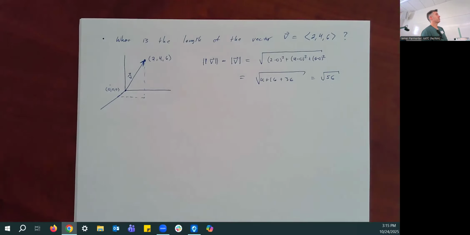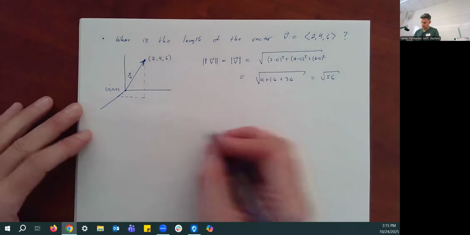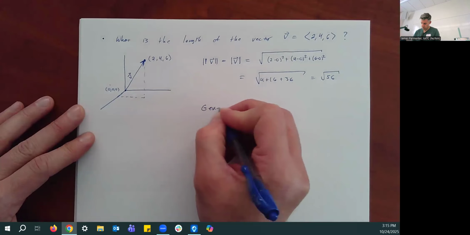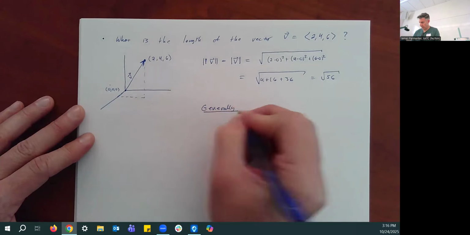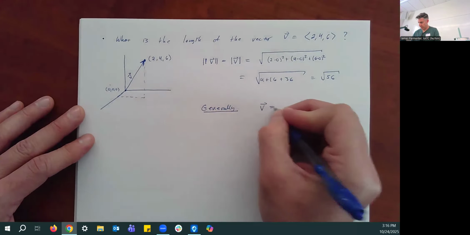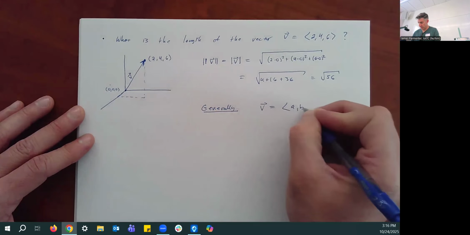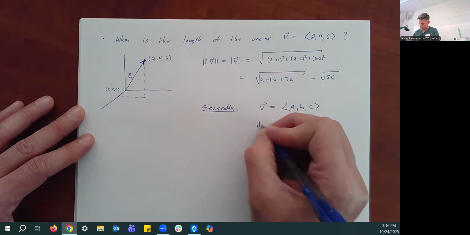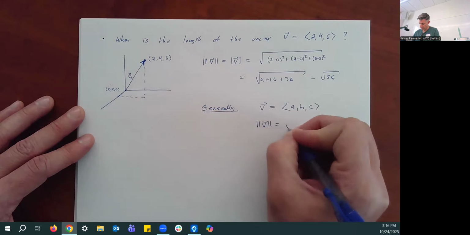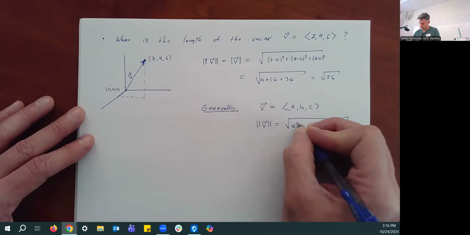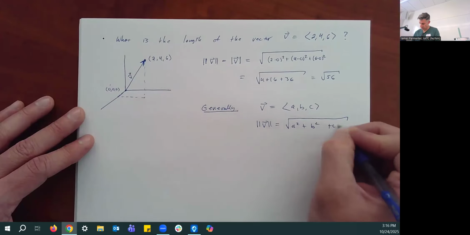Now, really, we didn't need the zeros here, because any vector that terminates at the point 2, 4, 6 and started at the origin, we know it's starting at the origin. So more generally, if your vector v has components, say, a, b, and c, then the magnitude of that vector is going to be the square root of a squared plus b squared plus c squared.